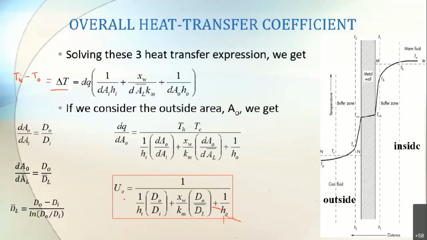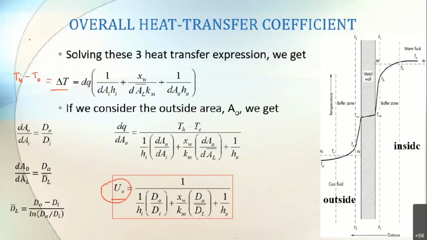UO is equal to 1 over HI dO over dI plus XW over Km dO over dL plus 1 over HO. This UO is known as the heat transfer coefficient.